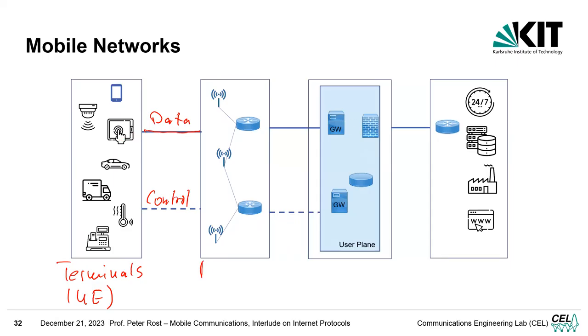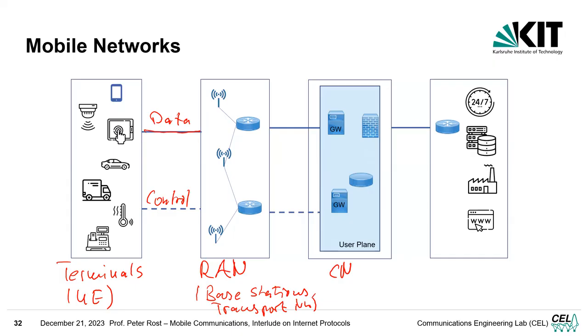Then we have here our radio access network, which basically includes our base stations and the transport network. Okay. Then we have here our core network.